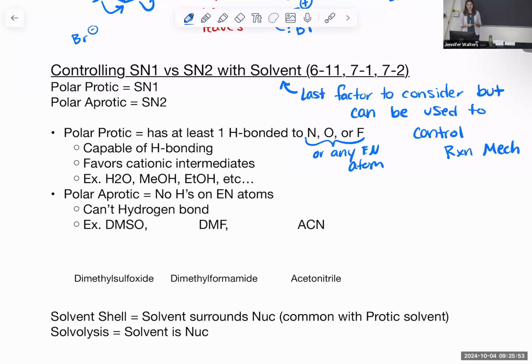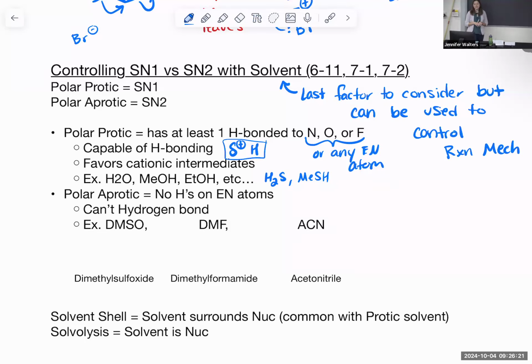Commonly, we're going to see it with nitrogen and oxygen, but it also works with sulfur, like all of our sulfur equivalents, your thiols. So it's anything that's capable of hydrogen bonding, or anytime you get that delta positive hydrogen. That's what makes it protic.